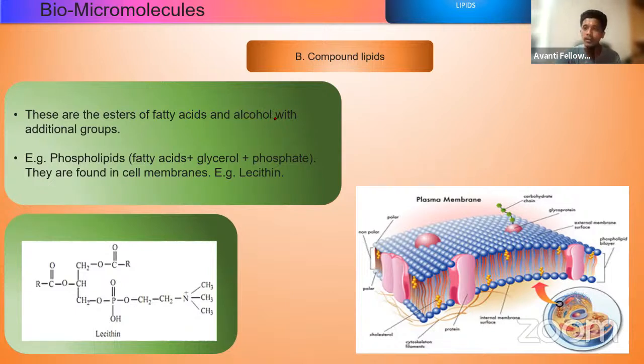When you look at another category of lipids, you have compound lipids, and the example for compound lipids is phospholipids. I'll write it here, phospholipids. You might have heard about phospholipids a lot. For example, when you consider the structure of the plasma membrane, we call it a lipid bilayer.